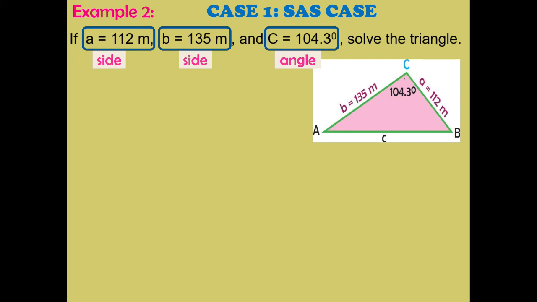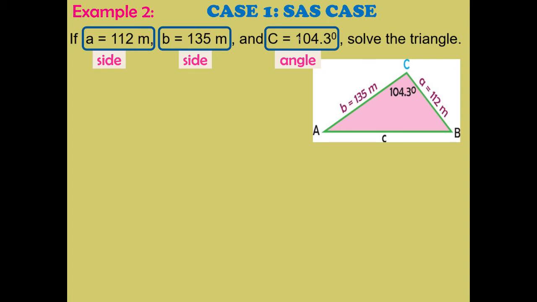If we illustrate, this will be our triangle. This is side A, opposite angle A, of course. This is side B, opposite angle B. And this is angle C, so this is side C. Clearly, we are given side, angle, side.